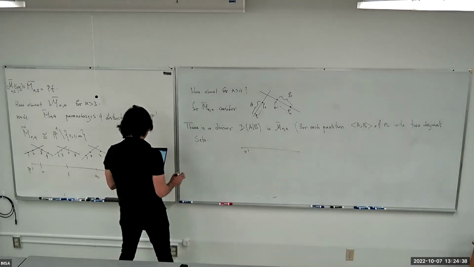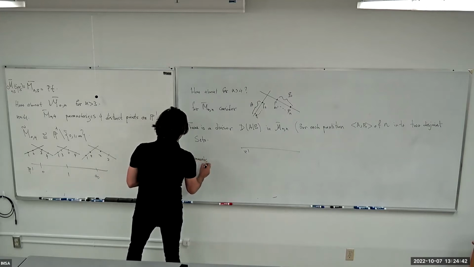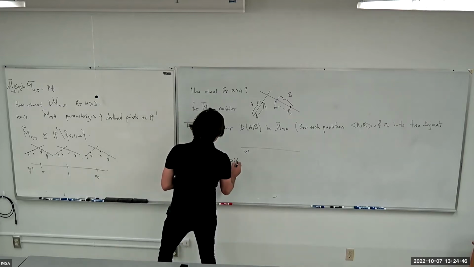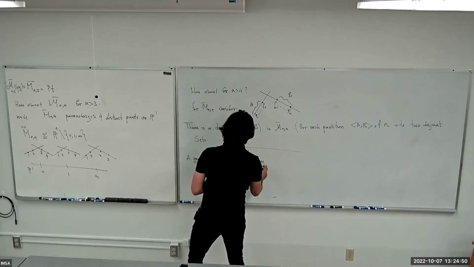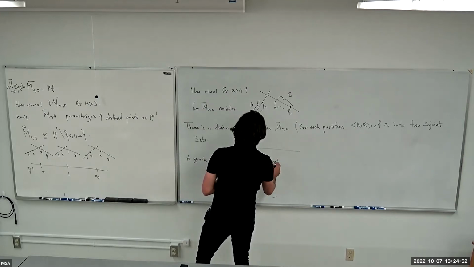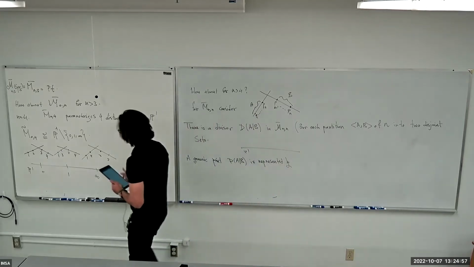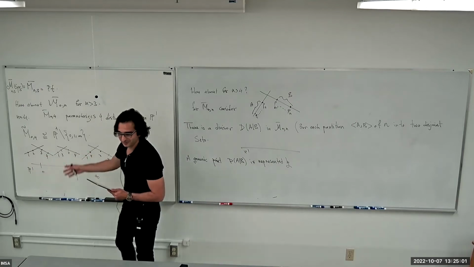All right, a generic point DAB is represented by, and here, by the way, we get this because this is the only possible partitioning of 4, basically.